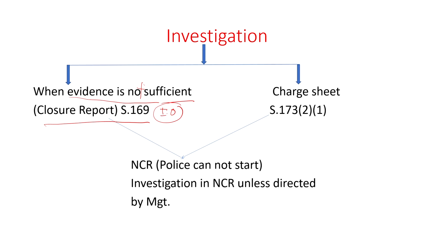empowers the investigating officer that in case of inadequate evidence, where evidence is not sufficient, it shall be lawful for the investigating officer to close the matter, and the closure report is filed in that very court in whose jurisdiction that offence has been committed.